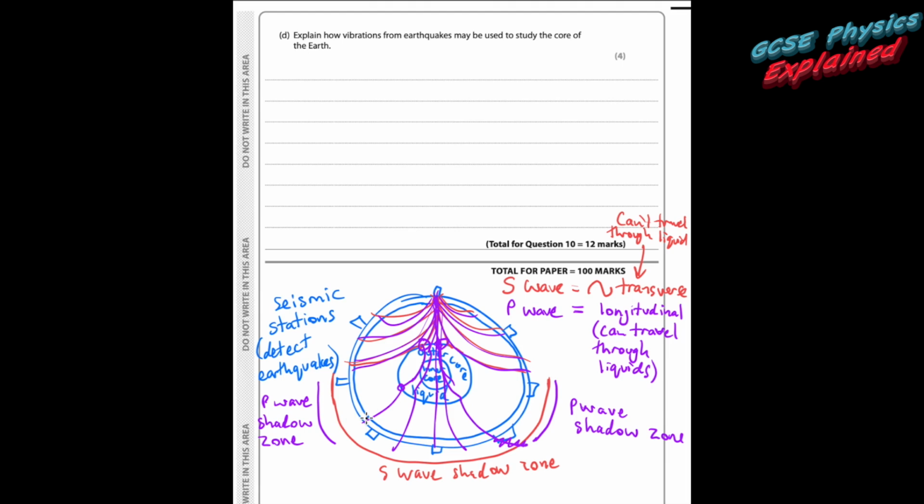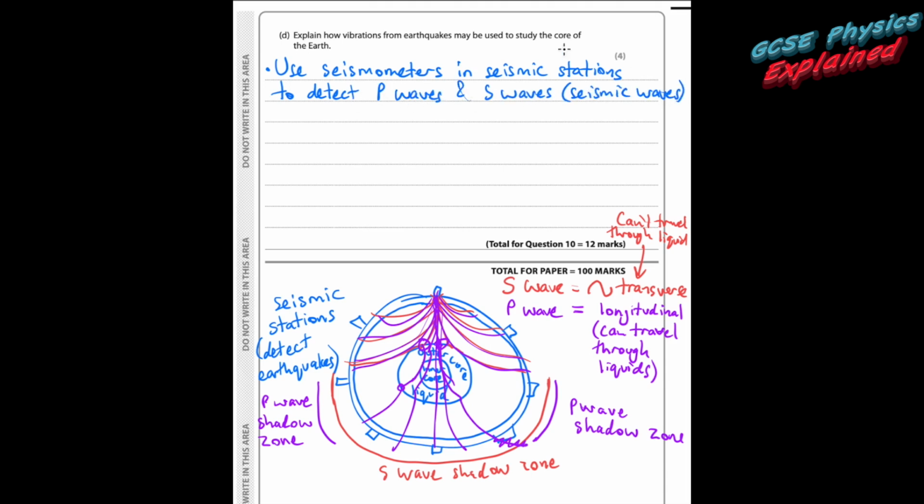Now, how do we write that then? So we'll use seismometers or seismic stations to detect the seismic waves. So how can we use it to study the core of the Earth?